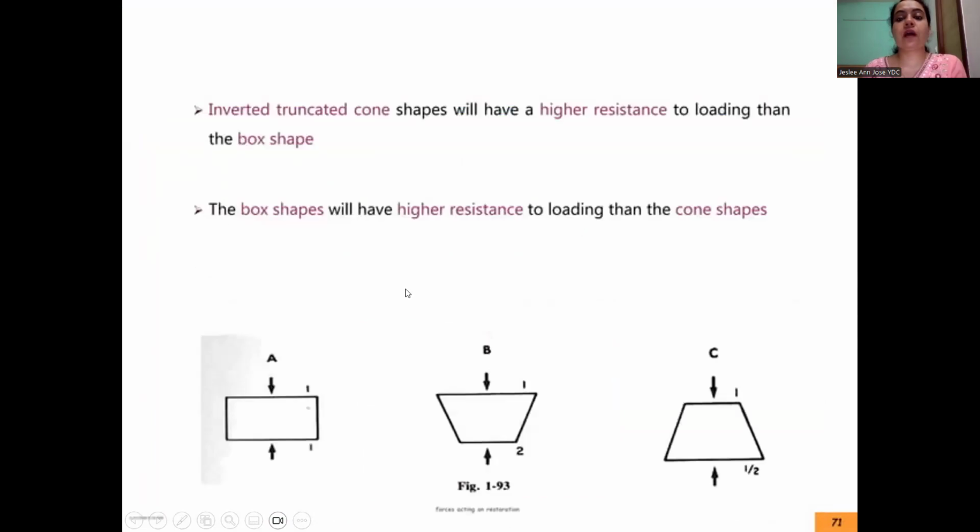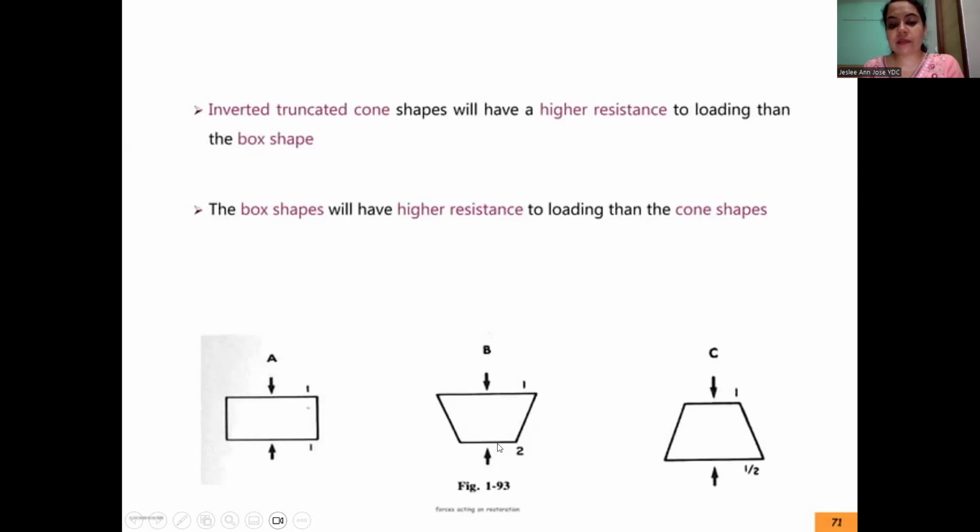Now, another factor is the design of the cavity. Here you can see three types of cavity designs. This is the box-shaped cavity design, this is the inverted cone shape, and this is the cone shape. Now, the inverted cone shape has a higher resistance to loading than the box shape.